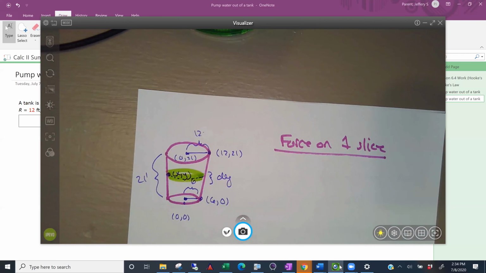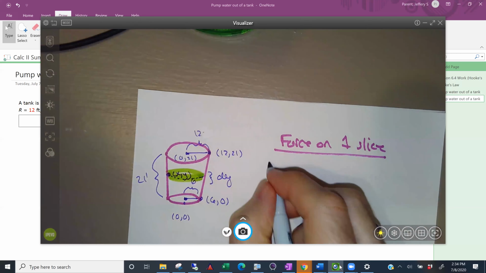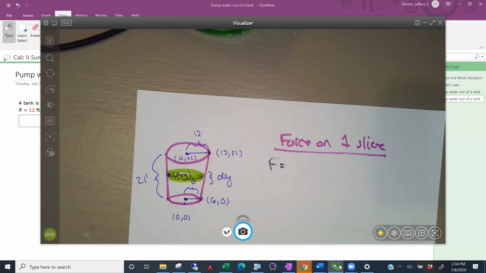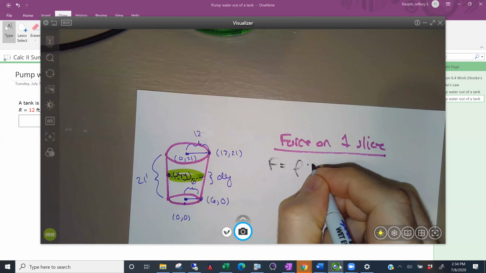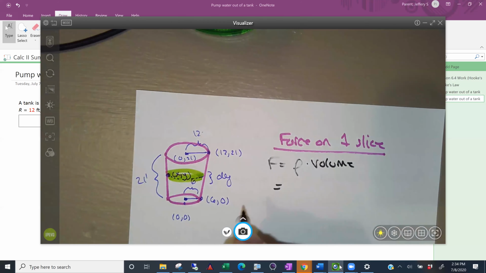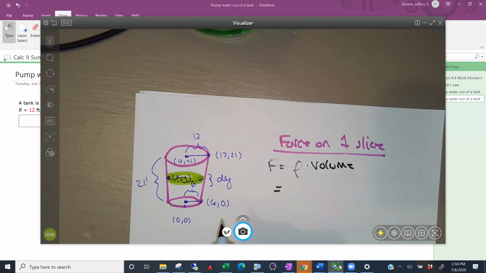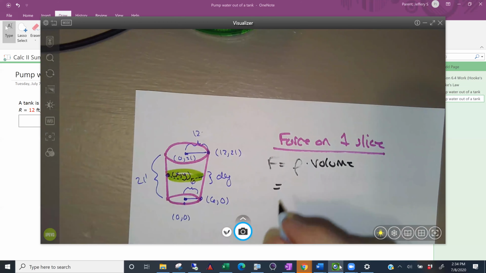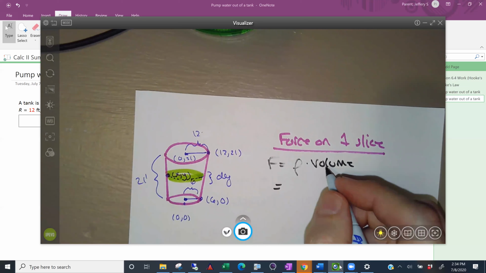Well, I always like to start out by reminding myself that the force on one slice is simply going to be the density times the volume of that slice. And the density of water is given to us at 62.5 pounds per cubic foot.